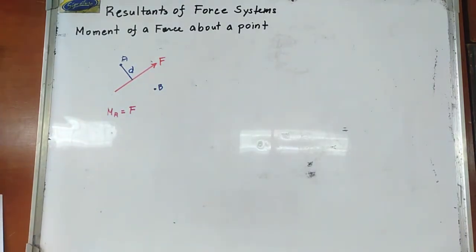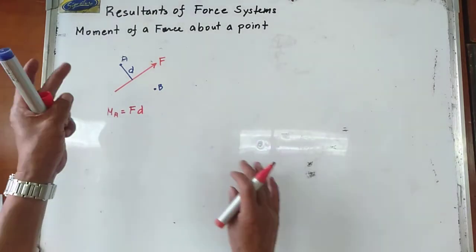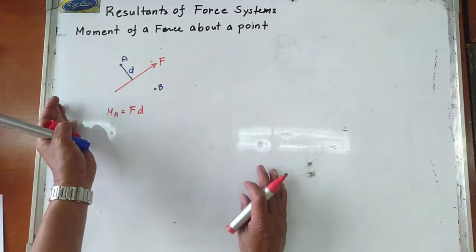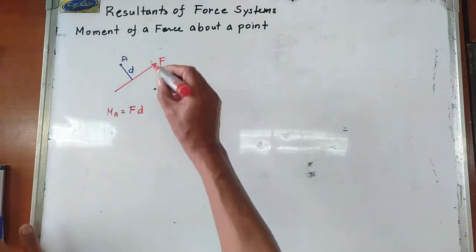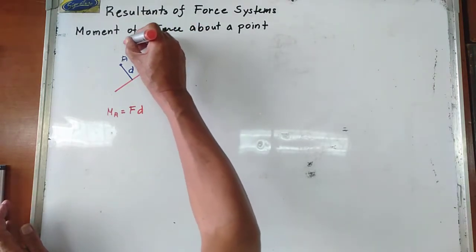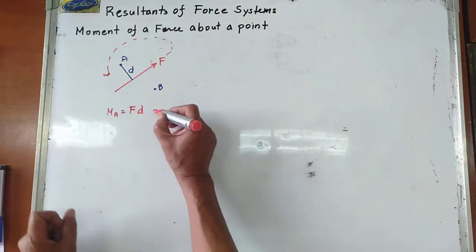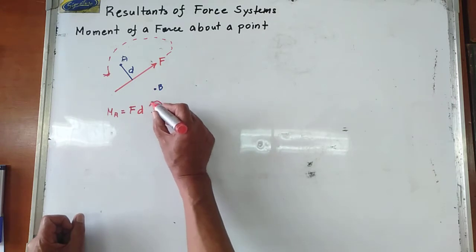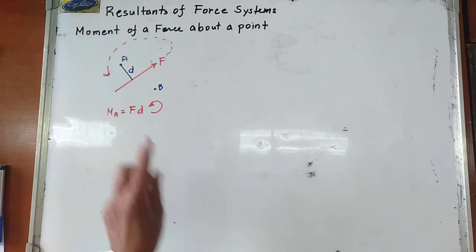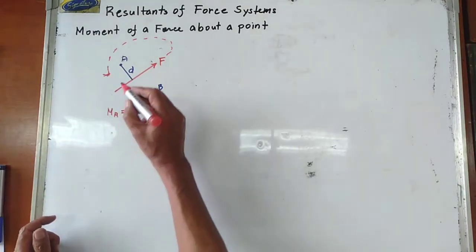So that is equal to force multiplied by the moment arm. So what is therefore the direction of this force about point A? You try to take note that this is the line of action. So this is going counterclockwise about point A.